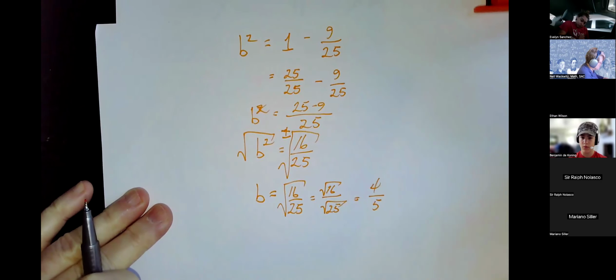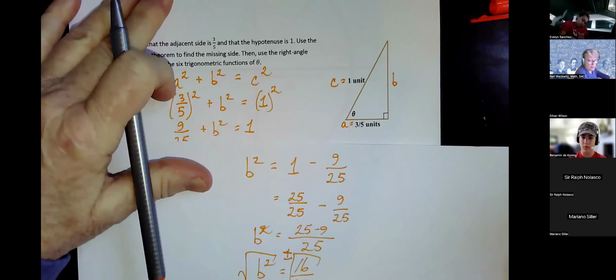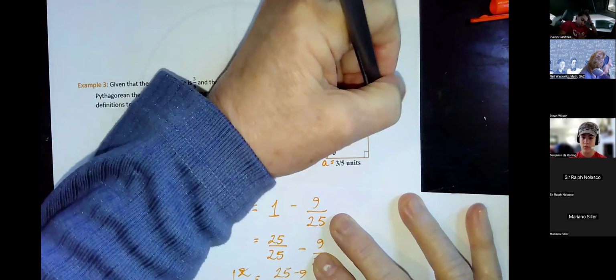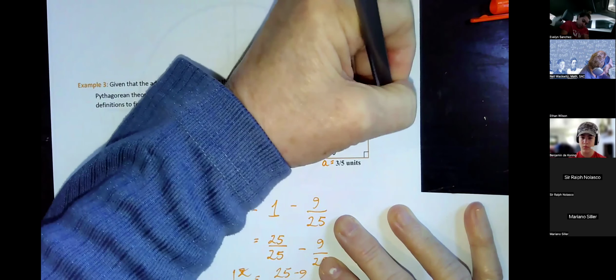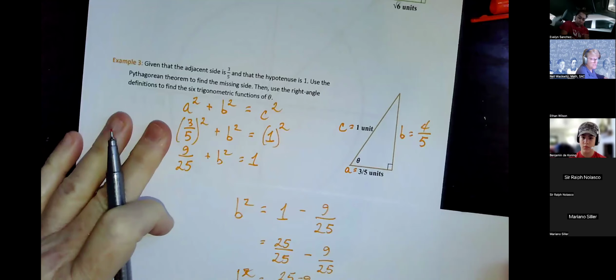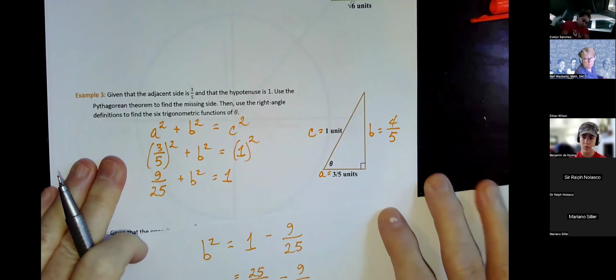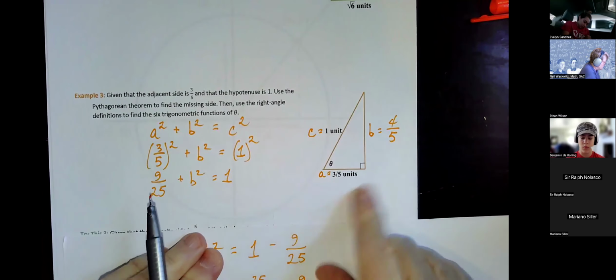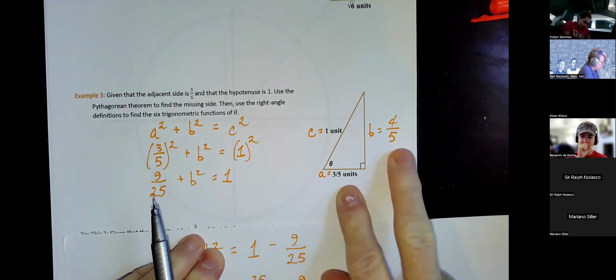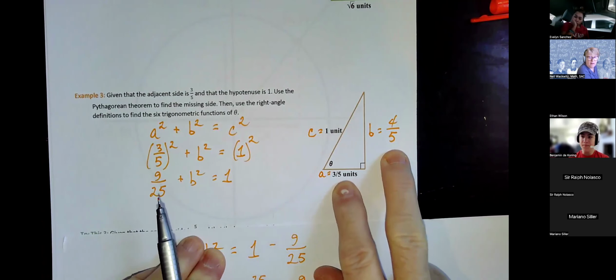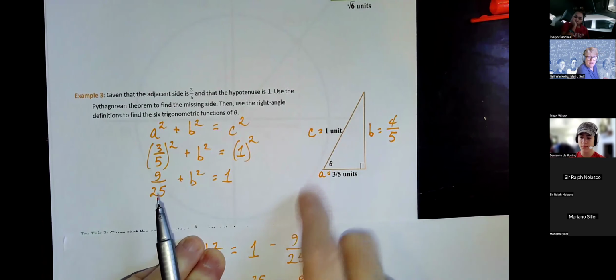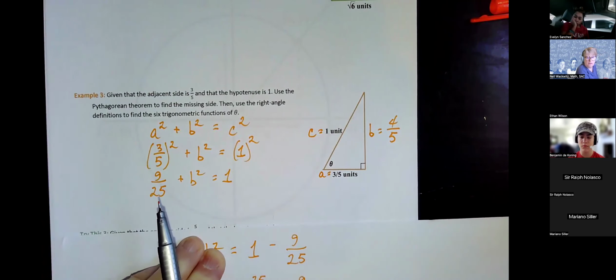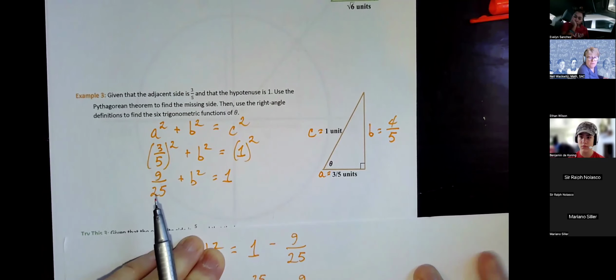So let's go back to our sketch. And I wanted to get you thinking, I guess. A triangle can have really weird lengths for the legs and have a unit length for the hypotenuse.